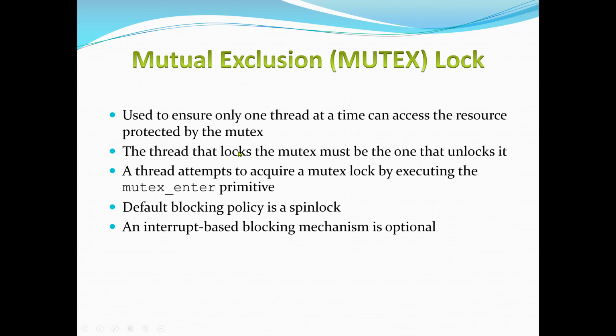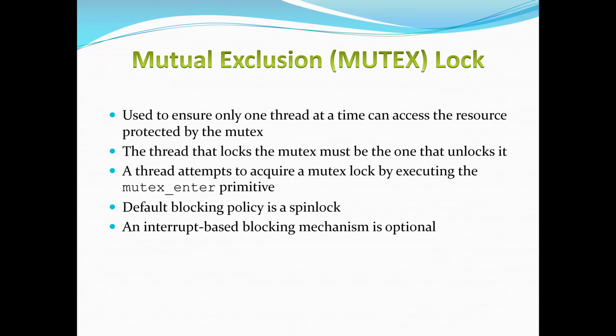Now, if mutex enter cannot set the lock, because most likely it's already set by another thread, then the blocking action depends on the type-specific information stored in the mutex object.